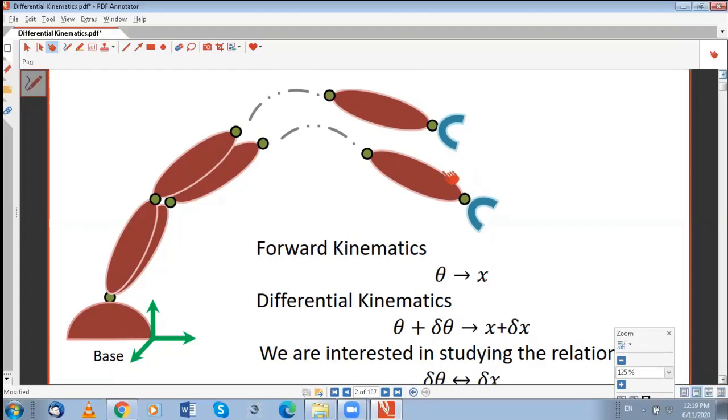That's okay. X of the tool frame. So let's say you have assigned a tool frame here. Let's say this is your base frame, and this is your Z naught, this is your Y naught, and this is your X naught.